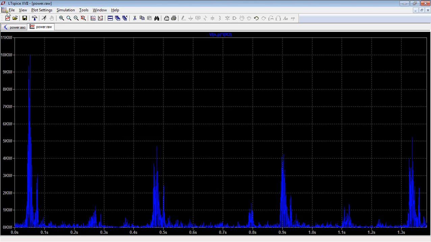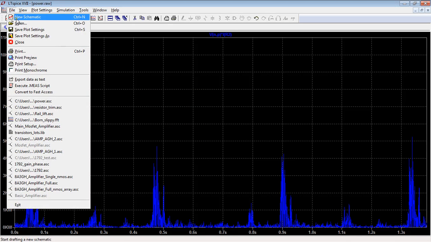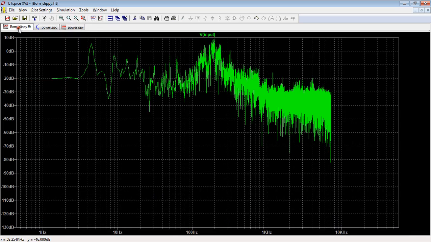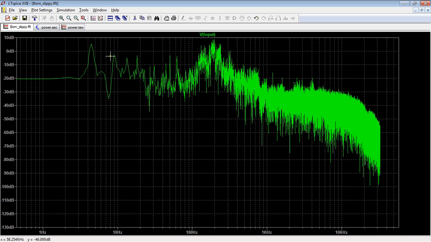The next thing to look at is an FFT of the sample, which I did earlier because it takes a while to do that, and see where all the energy is. Okay, so this is an FFT, fast Fourier transform, of the sample, which was very similar to the sample I just took.